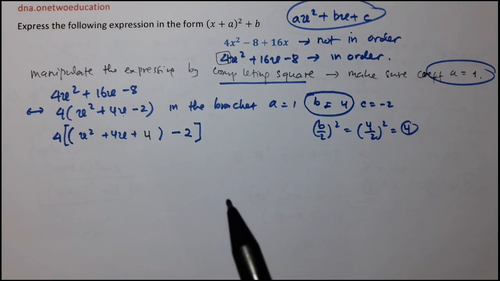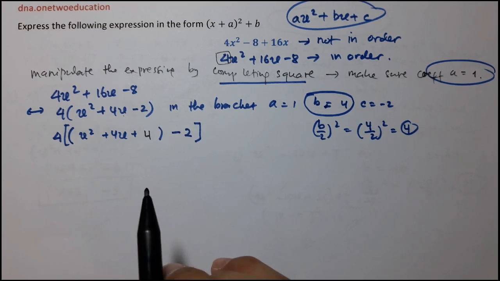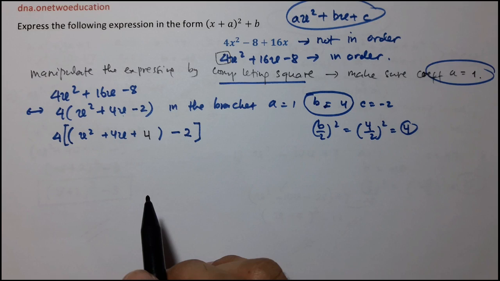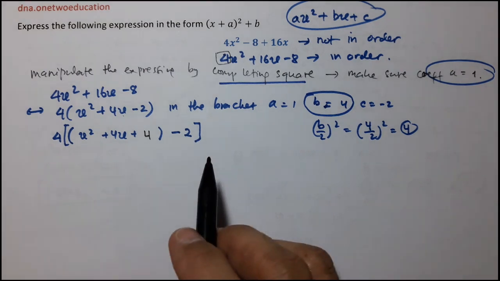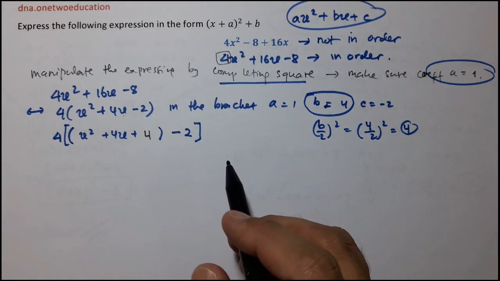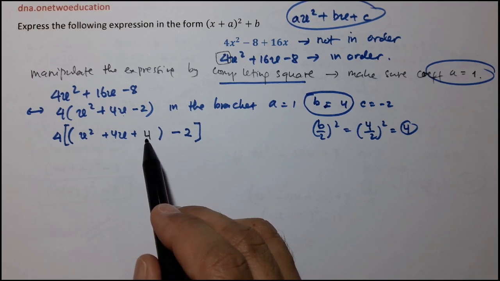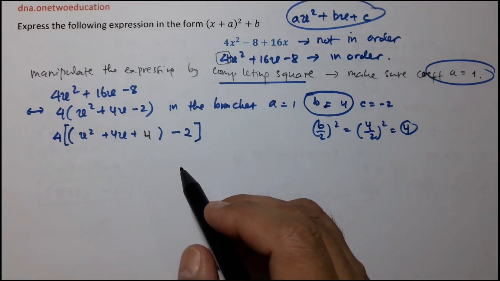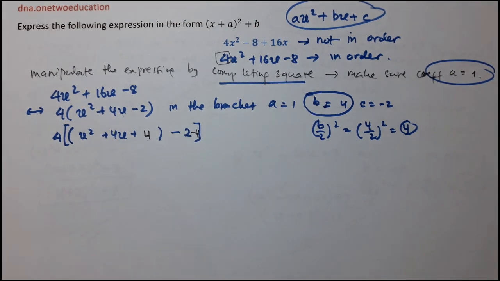Is it correct? So the next step is to manipulate the expression without changing the value. You can modify the expression without changing the value, because we already add positive 4 in the bracket. To make sure that the value is constant, we have to put here negative 4, right?